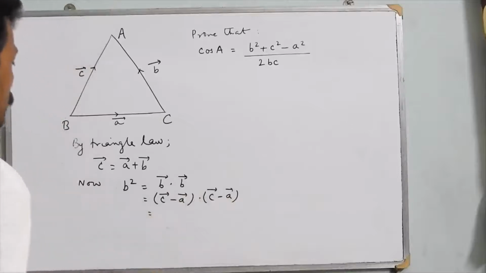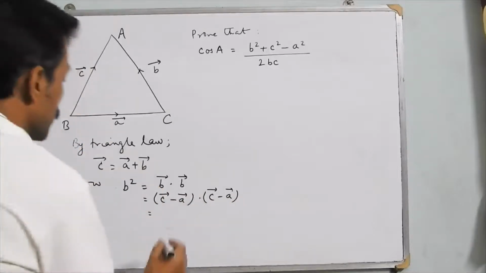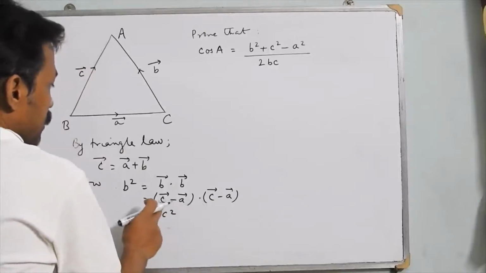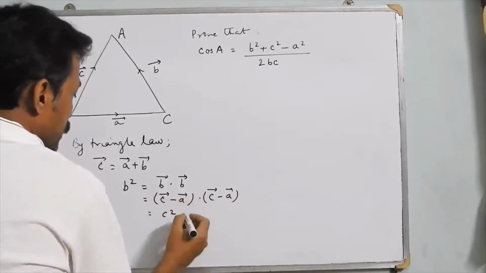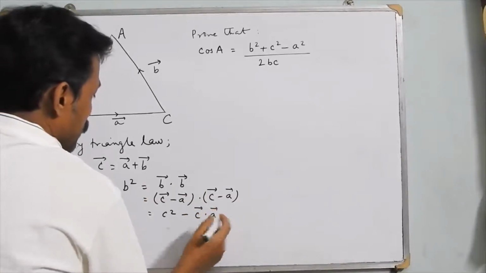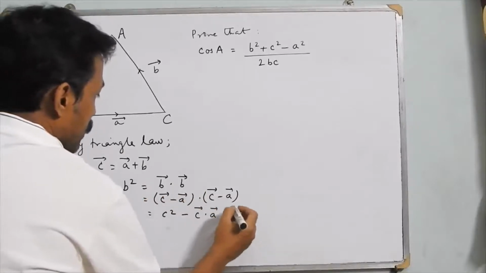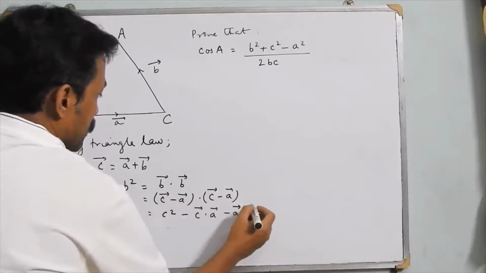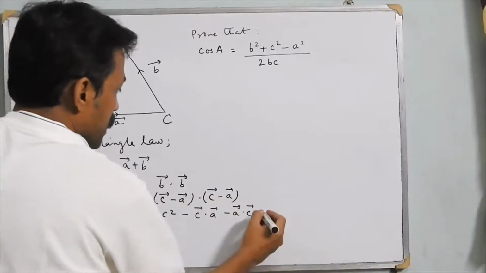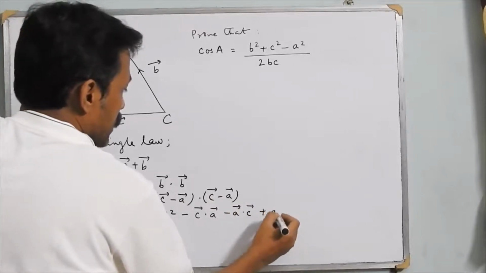So this will give you C vector dot C vector, which is C square, minus C vector dot A vector, minus A vector dot C vector, minus A vector dot A vector, minus is plus, and A dot A is A square.